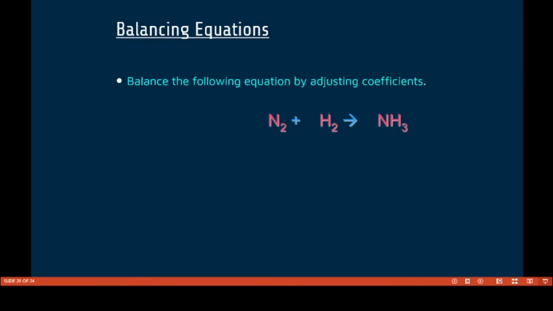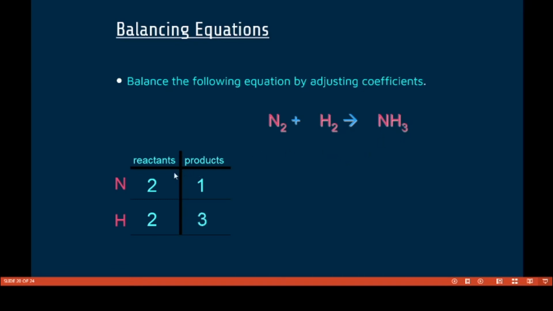Now balance the following equation by adjusting coefficients. Here nitrogen, hydrogen and ammonia, NH3. See the reactants: first write the element symbol, nitrogen 2 and hydrogen 2, and in the product, N has only one and hydrogen 3.